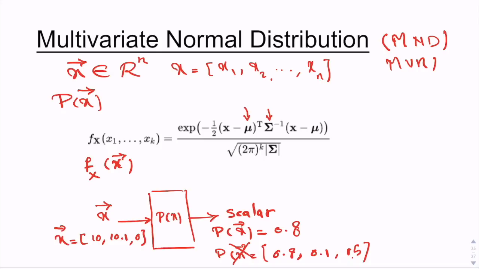Sigma is an n by n matrix, called the covariance matrix.